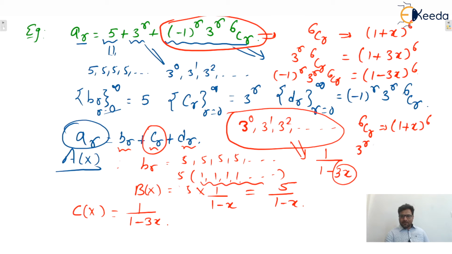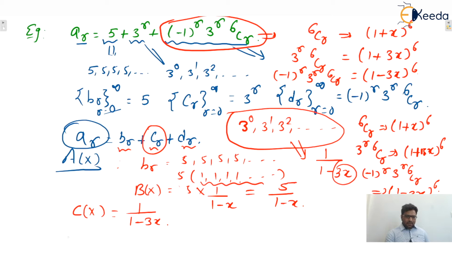If it is multiplied with 3 raised to power r, it becomes 1 plus 3x raised to power 6. And if it is multiplied with minus 1 raised to power r, 6CR, then it becomes 1 minus 3x raised to power 6. So for AR, all these three generating functions will be added.